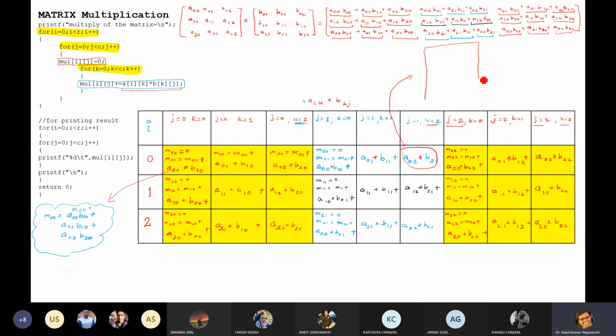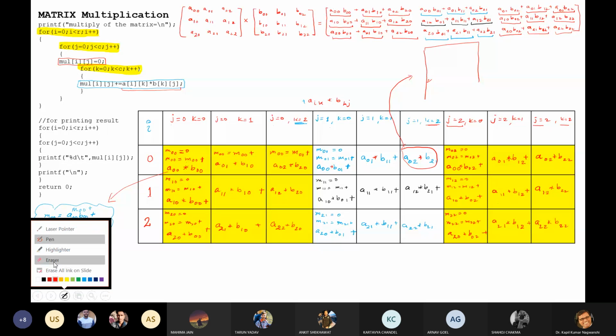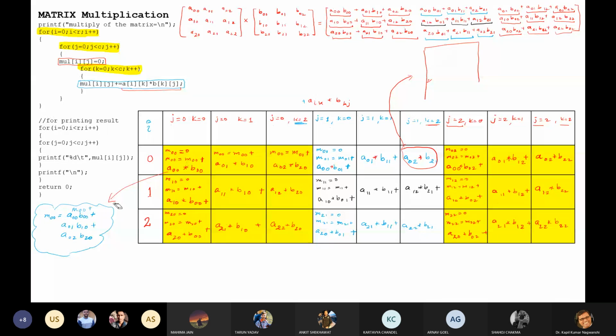So how do we execute all the for loops one by one? It is first. Okay, fine. So I want to explain you using one more box.